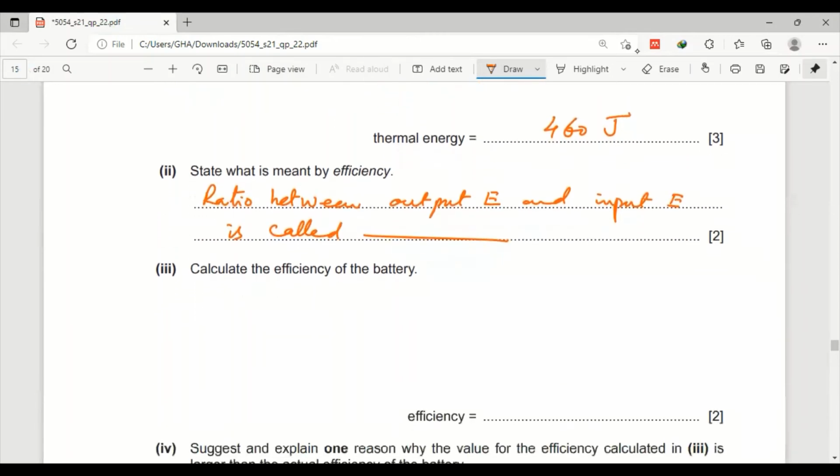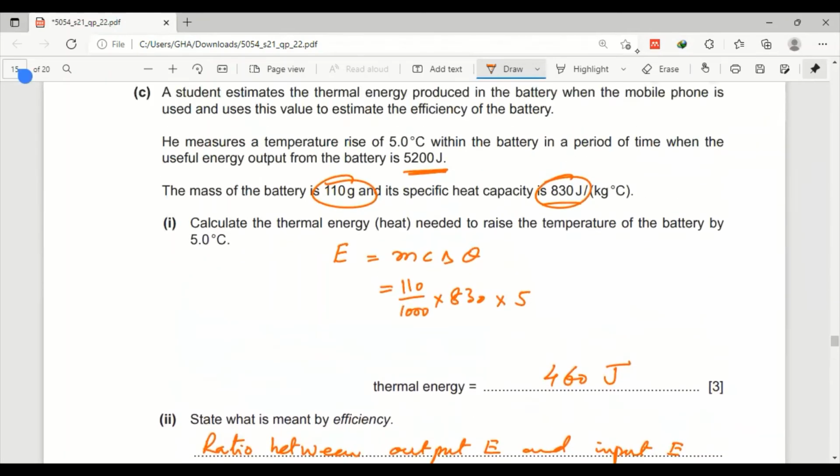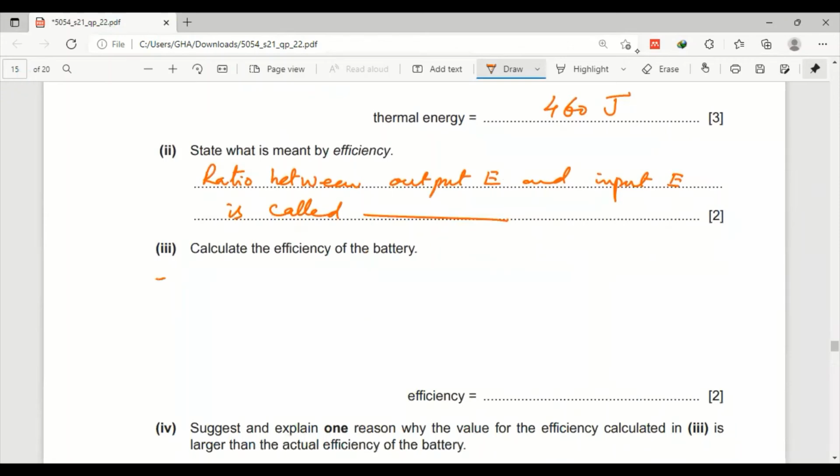Now calculate the efficiency. For the efficiency, two energies are required. One is given. Look, this is the output energy. It's mentioned here. So what is the input energy? Input energy is equal to lost plus output. This is the formula. It means of the input energy, some is lost and the rest is output. So first we will use the formula for the input. Loss is 460 and the output is 5200.